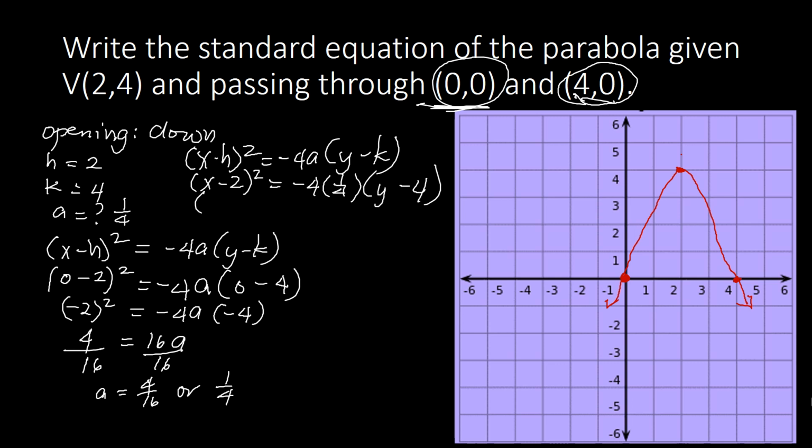Then simplifying, we've got x minus 2 squared equal to negative 4 times 1, that's negative 4 divided by 4, that will be equal to negative 1. So instead of writing negative 1, this will be now just a negative, because we will be multiplying that 1 to y minus 4. So that would serve as a negative times y minus 4. So this is now our standard equation of our parabola.